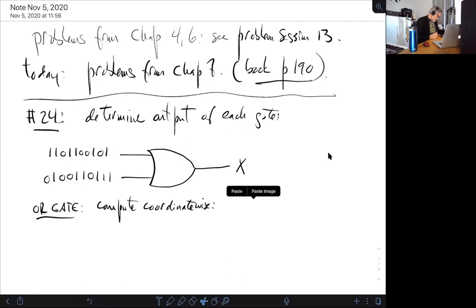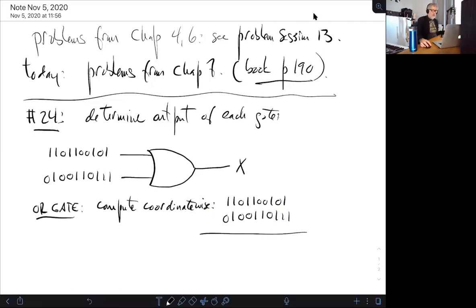Okay, they're not really lined up very well, but I'm going to take the OR again. You know how this goes, right? It's the maximum. So this is 1, 1, 0, 1, 1.